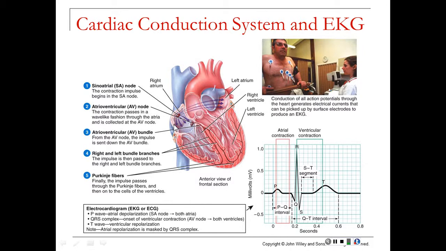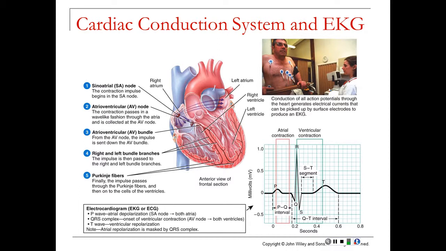It radiates from there, goes to the AV node, or atrioventricular node, which then passes that electrical signal to something called the AV bundle, or atrioventricular bundle. There's right and left bundle branches which go to either ventricle, and from the ventricle they kind of radiate out into those special fibers called Purkinje fibers to innervate through the ventricles.